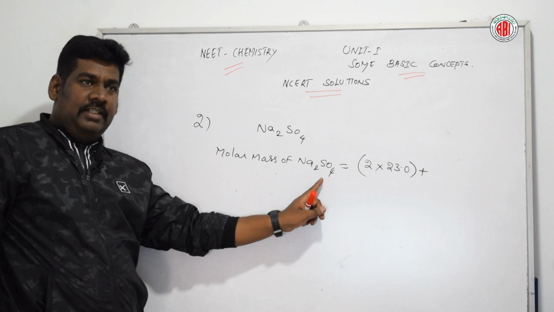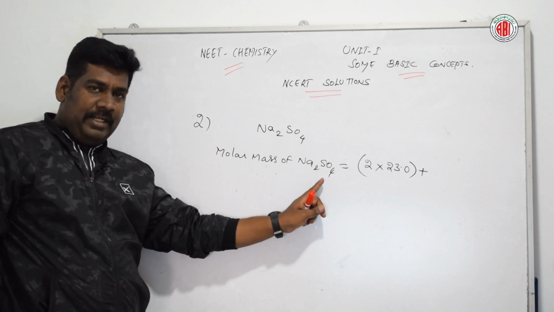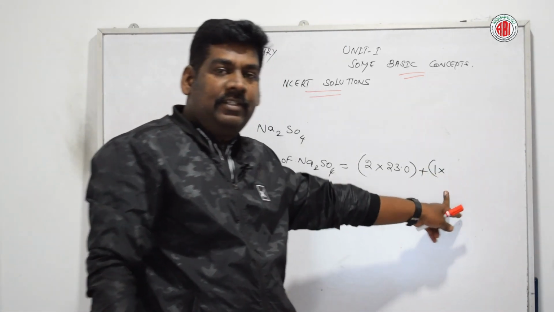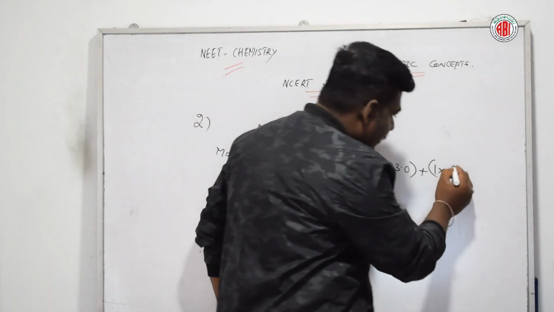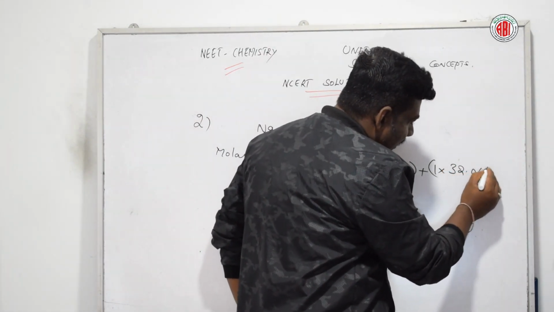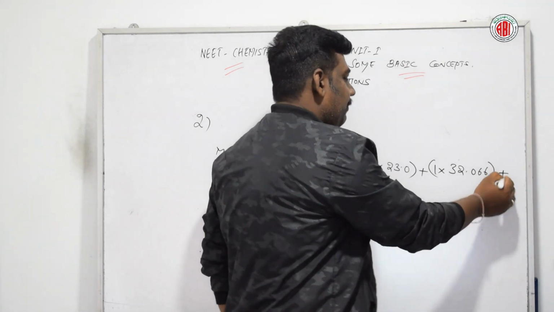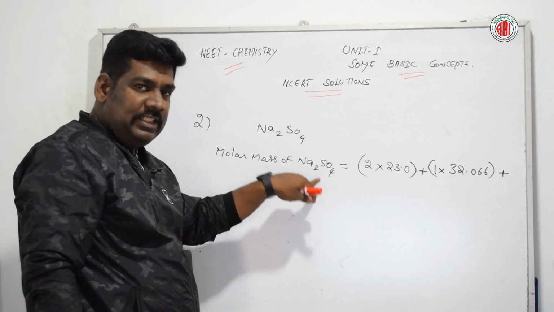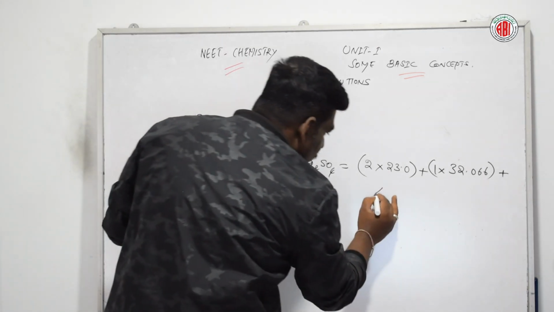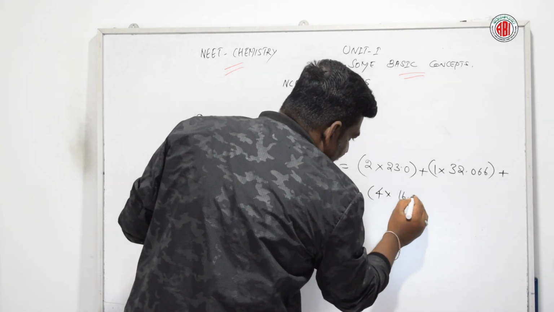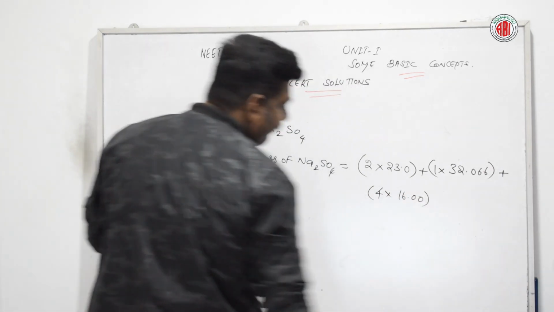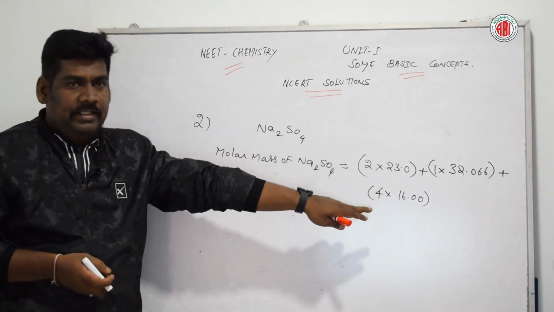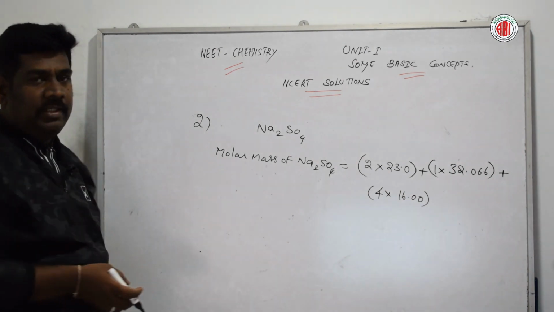The number of sulfur atoms is 1, so 1 into the atomic mass of sulfur, that is 32.066 approximately, plus oxygen. The number of oxygen atoms in this compound is 4, so 4 into 16.00 atomic mass units.